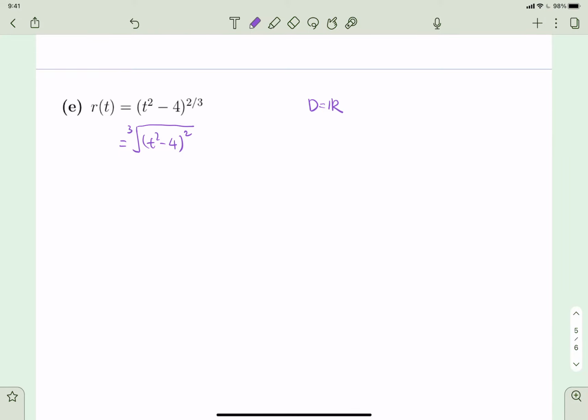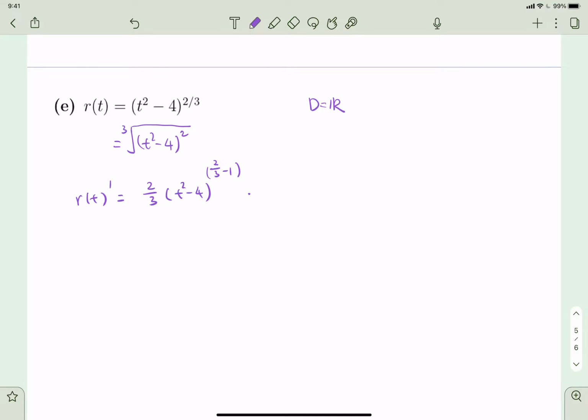Now, after knowing that, we find the derivative by using the chain rule. Right? So that is 3 over 2 goes down here, and this becomes 2 over 3 minus 1, so it's negative 1 over 3. It's the previous power, subtract 1. And also we need to multiply by the derivative of the second layer, the inside function here, that is, this guy here.